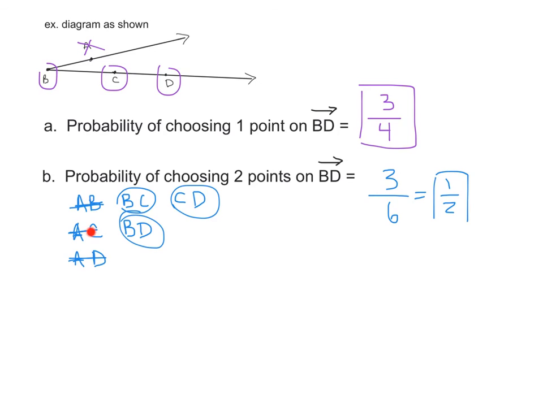So you must list out all the possibilities of whatever it's asking. Choose 2, choose 3, choose 4. Anytime you see that, you need to make a list. In our class, you will not get any partial credit if I do not see a list. Even if you get the right answer, okay, I can't give you full credit unless I see that list. So make sure you understand where that list comes from.